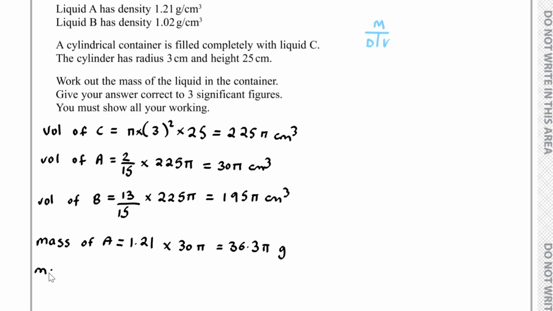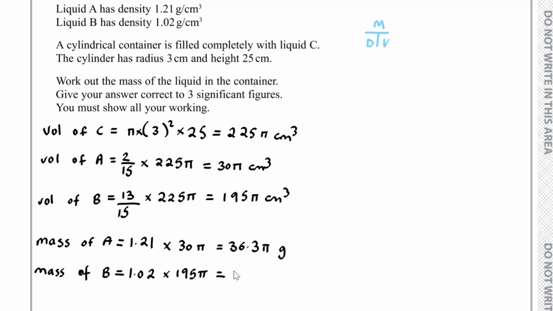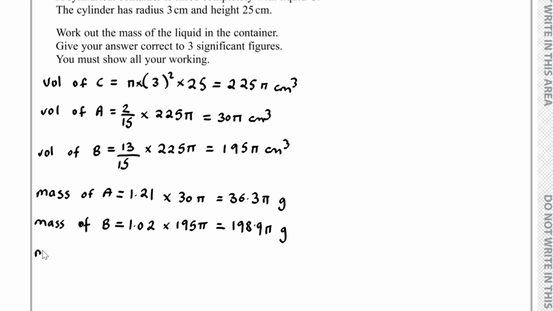And the mass of B is equal to 1.02 multiplied by 195 pi. Working this out, 1.02 multiplied by 195 is 198.9 pi grams.